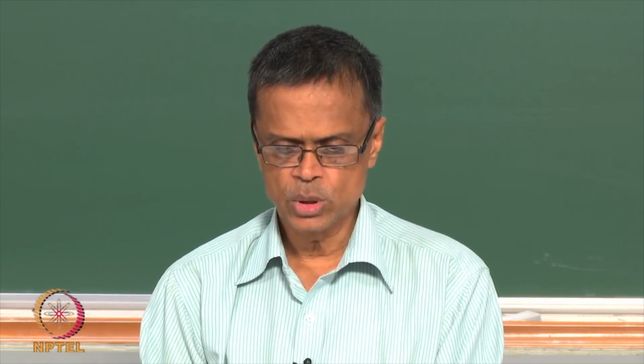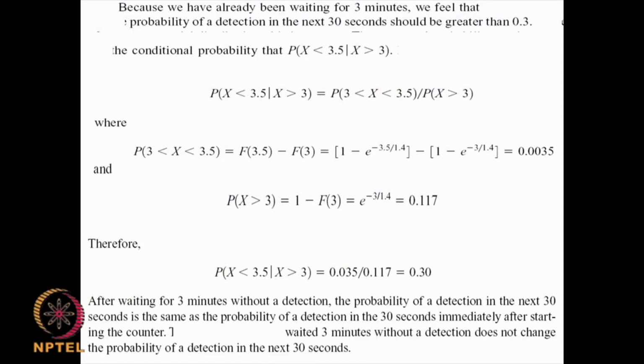Why? Because, as I said, the exponential distribution is memoryless. It does not consider that because it has not seen a particle for a very long time, the probability will increase. That is the beauty of this particular distribution. Do you understand this problem? Initially we start the Geiger counter and within 30 seconds we see a particle, so the probability is 0.3.